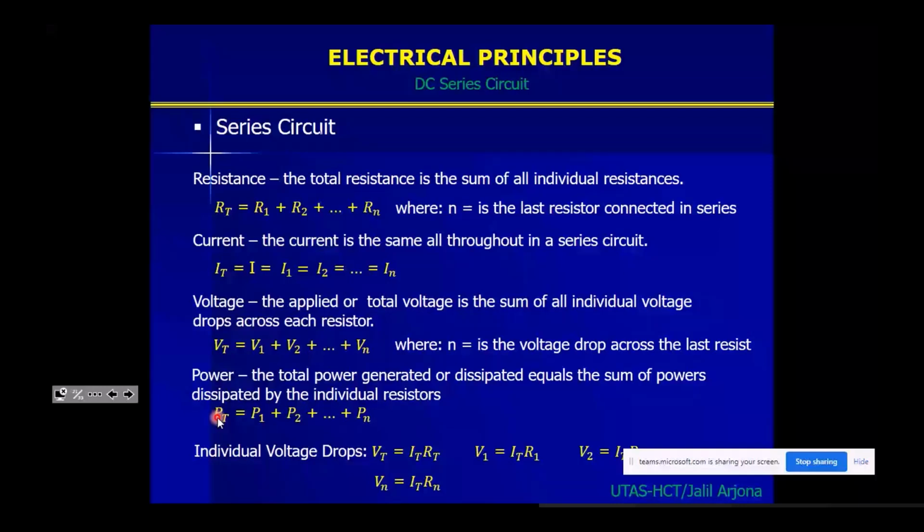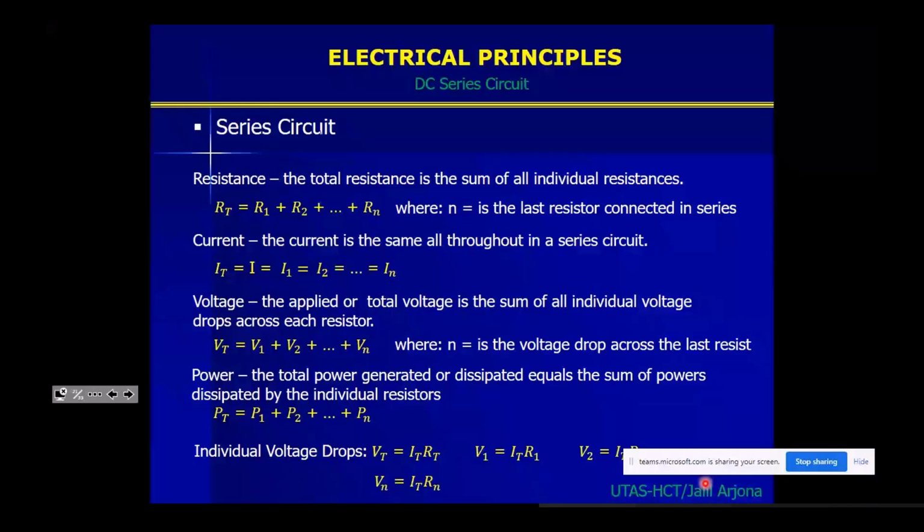So the relationship is that generated power equals the dissipated power of every resistor. You just add all the powers from each resistor. That's the rule.